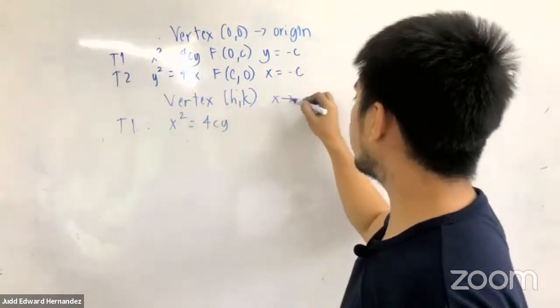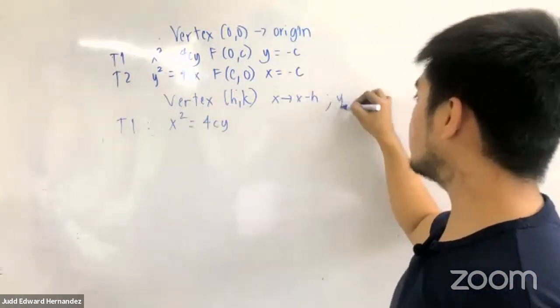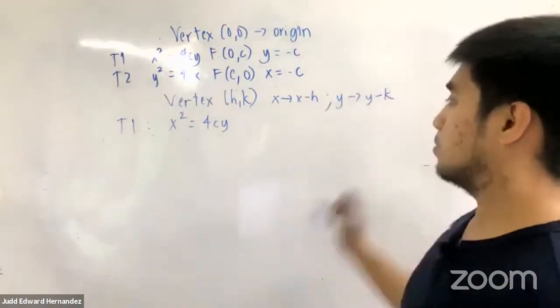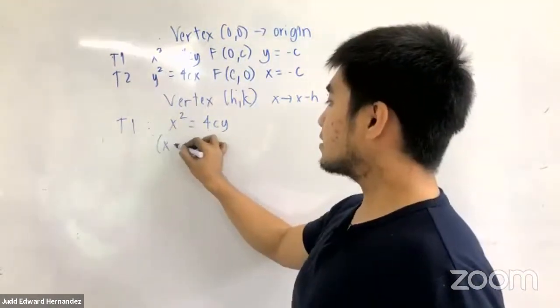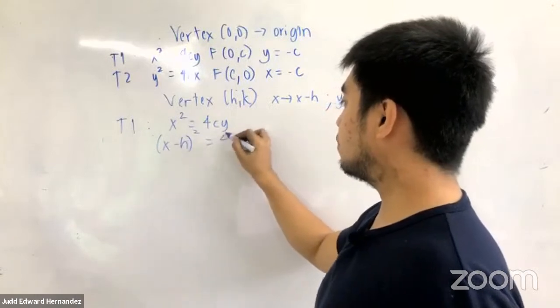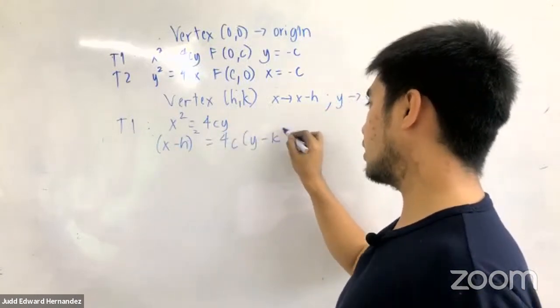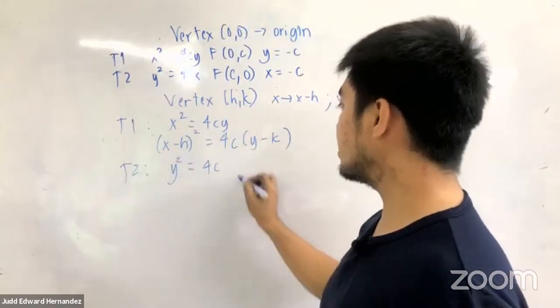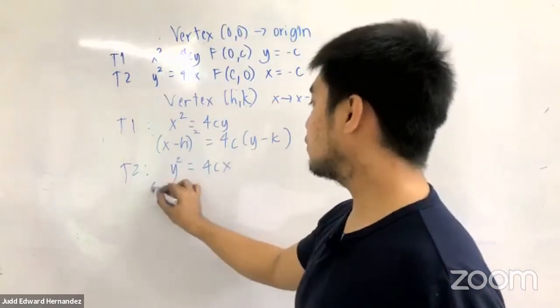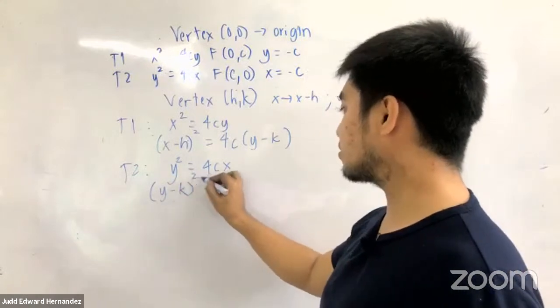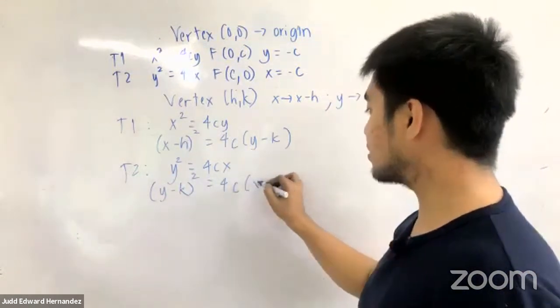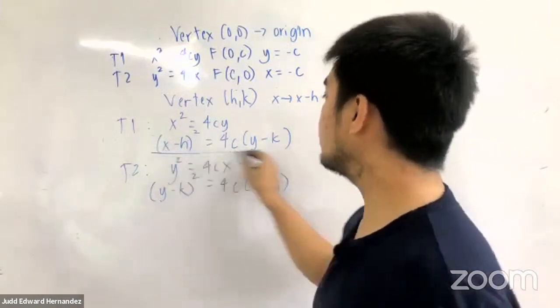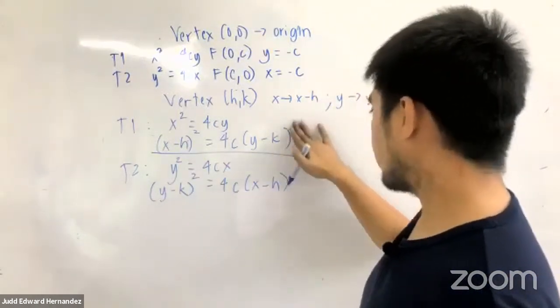Therefore, si x, papalitan natin ni x minus h, at si y, papalitan natin ni y minus k. This is x minus h, quantity squared, is equal to 4c times y minus k. For Theorem 2, we'll now be having y squared is equal to 4cx. Therefore, that is y minus k, quantity squared, is equal to 4c times x minus h. And this will now be our two theorems.